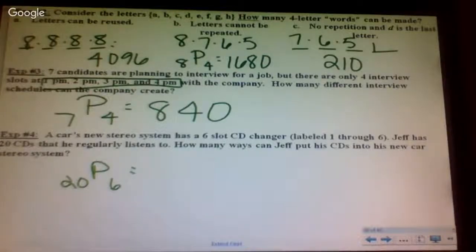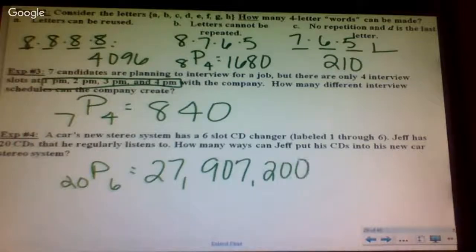If you try to do it the other way, it's going to tell you error, error, error. Doesn't work. Okay? 20 P 6 is 27,907,200. That's a lot of ways your car can shuffle those CDs.